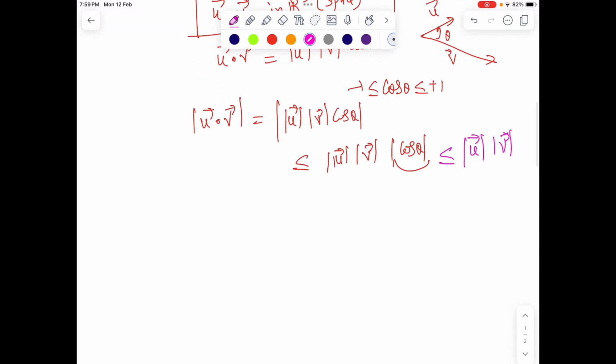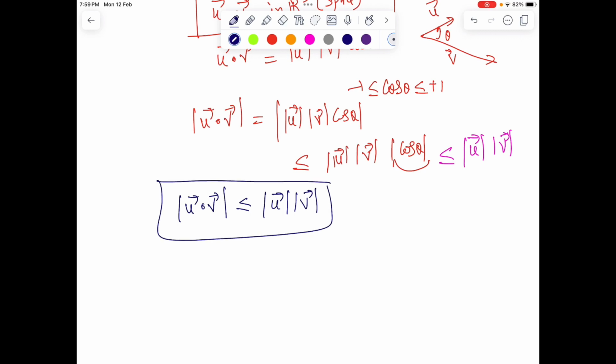And since mod of cos theta is always less than or equal to 1, this quantity will be less than or equal to magnitude of u into magnitude of v. So simple, so elegant. So for any two vectors, mod of u dot v is less than or equal to magnitude of u into magnitude of v. This is the basic and fundamental form of Cauchy-Schwarz inequality.